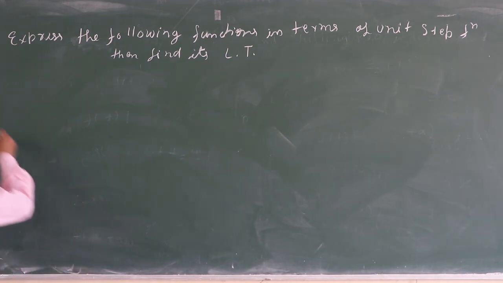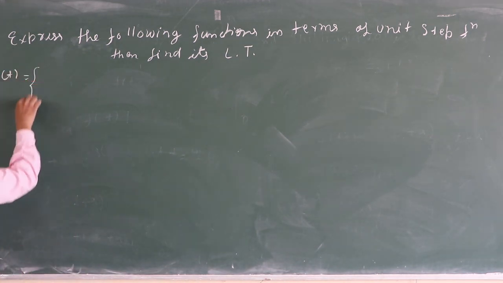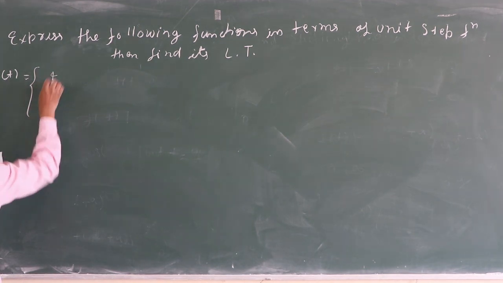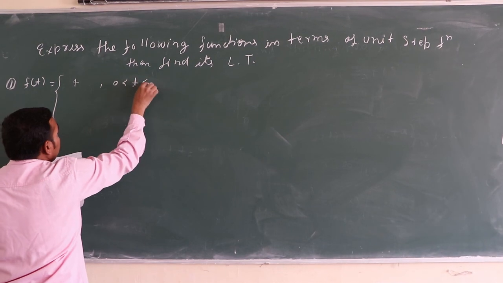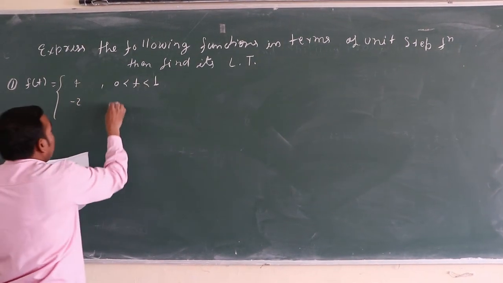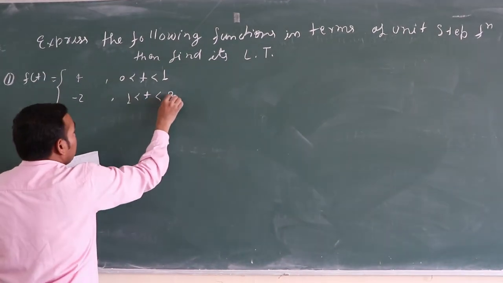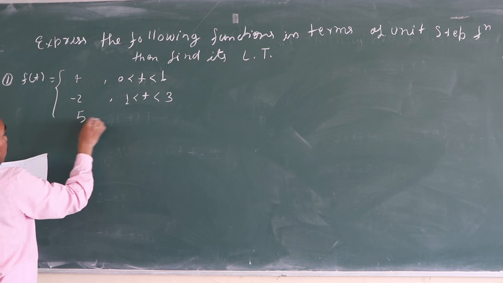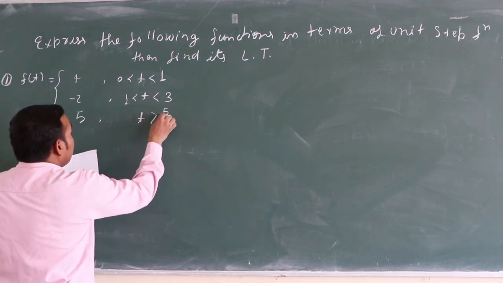First is f(t) equal to 4 if 0 less than t less than 1, minus 2 if 1 less than t less than 3, 5 if t greater than 5.